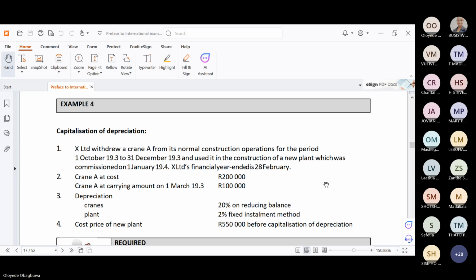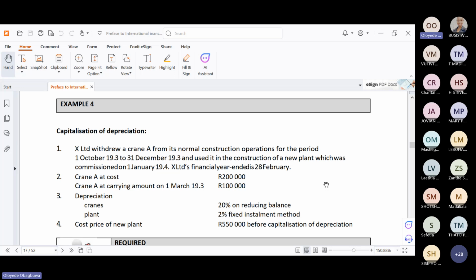Okay. X Limited withdrew a crane A from its normal construction operation for the period 1st October 1903 to 31st December 1903 and used it in the construction of a new plant which was commissioned on 1st January 1904.